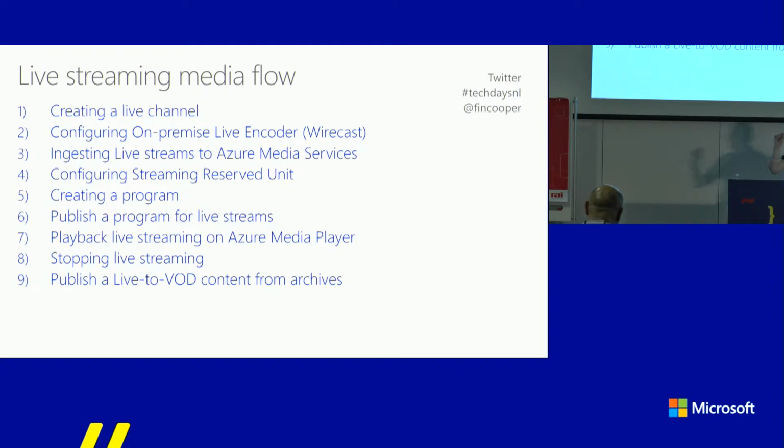Then we have the programs. In the channel we have programs. We publish the live stream into one or more of those programs. And then we play it using this Azure Media Player that I haven't talked to you about yet. So let's see how it looks.